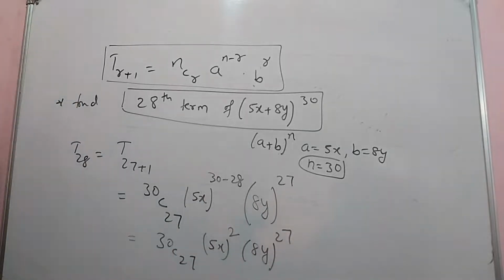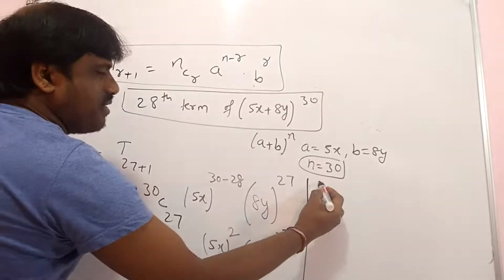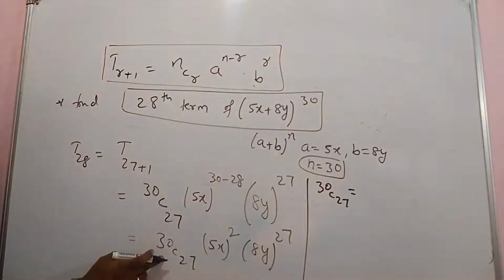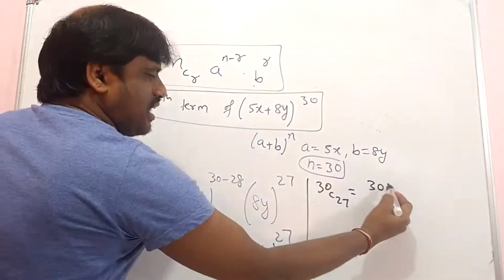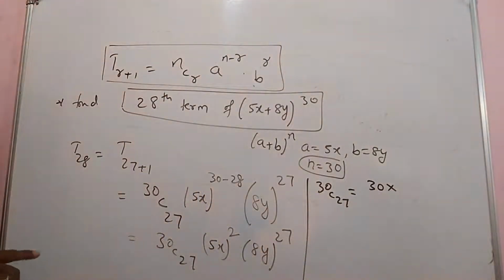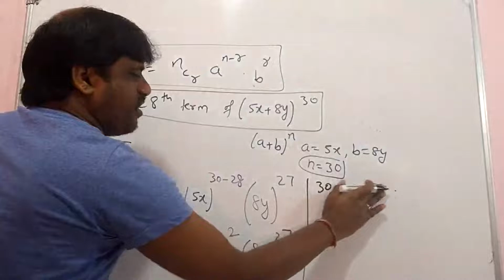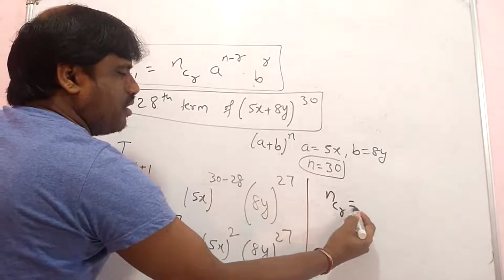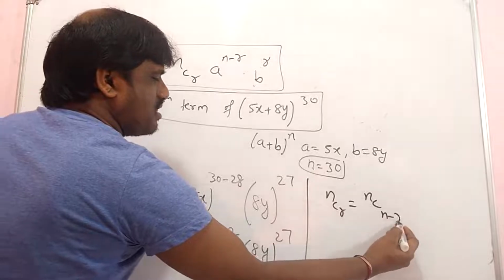So let us discuss this problem now. What am I going to get as the answer? Tell me quickly, 30C27 can be written as what? Yesterday I told you a formula: nCr is equal to nC(n minus r).